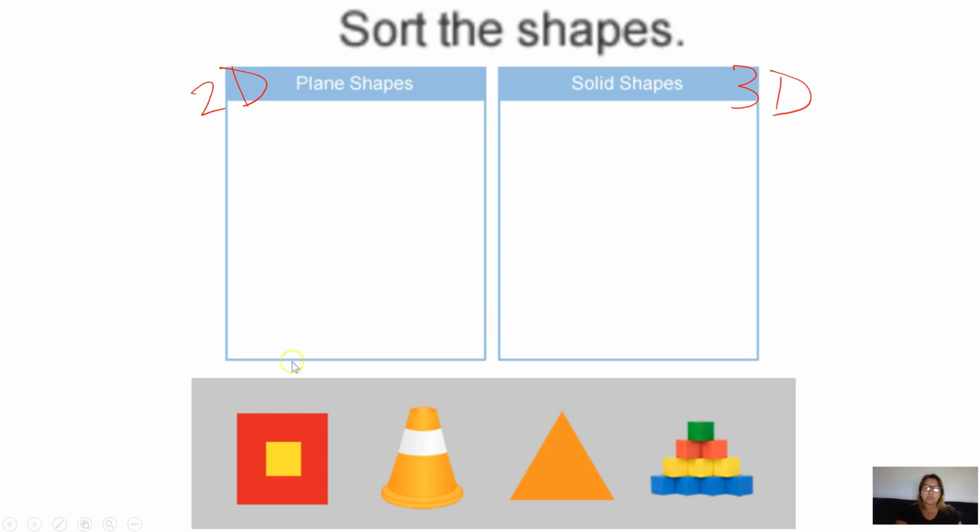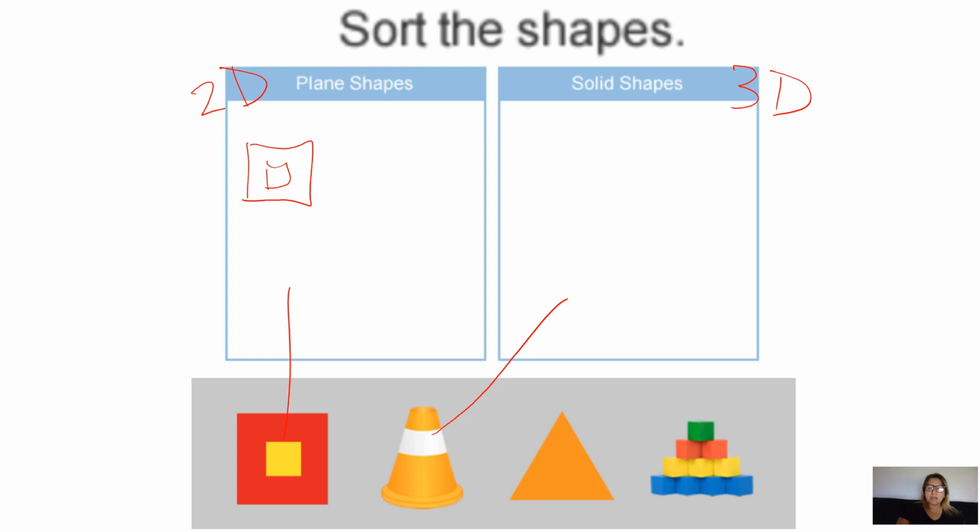The first thing that we see here is a square, and we see a square within a square, so it's something that we can draw. That makes it a plane shape. The next thing that we see is a construction cone. A construction cone, boys and girls, is a 3D shape or a solid shape because we can see that it stands on its own.